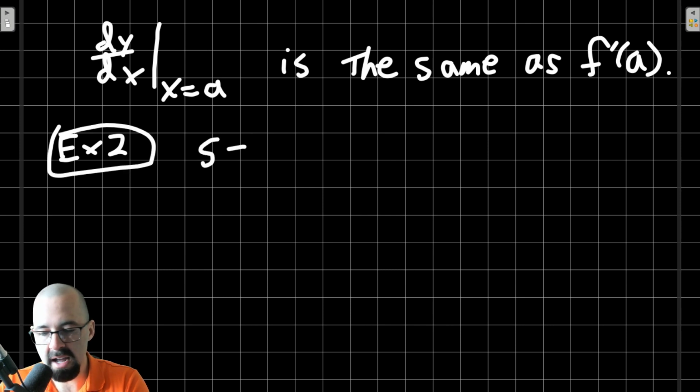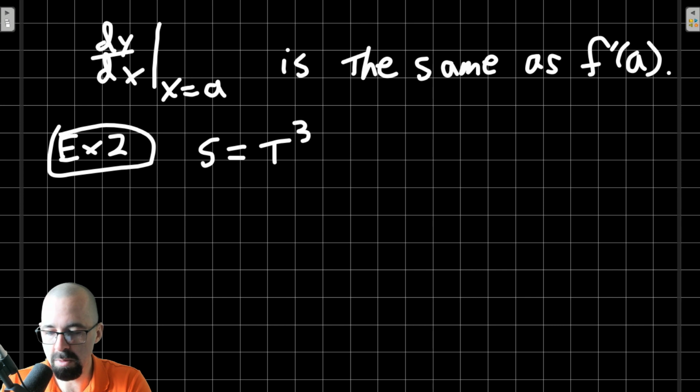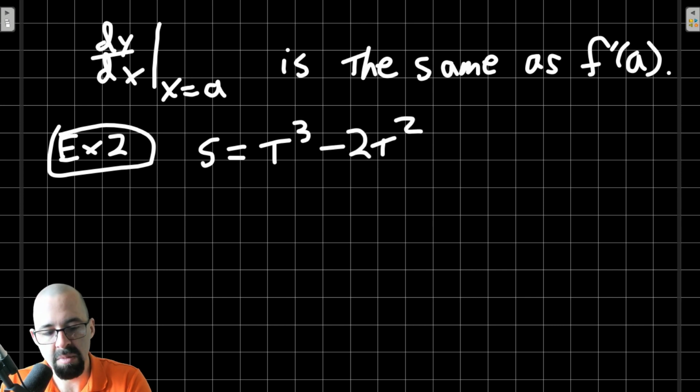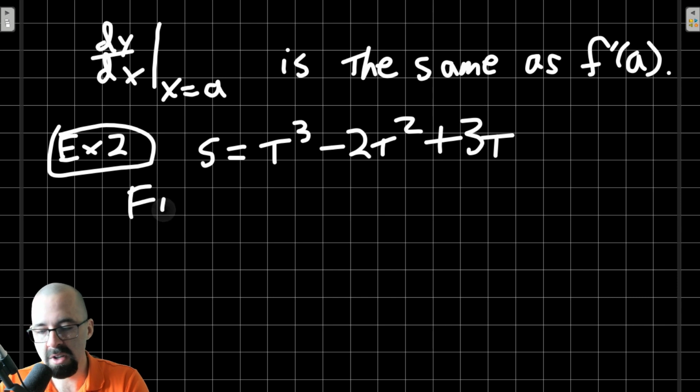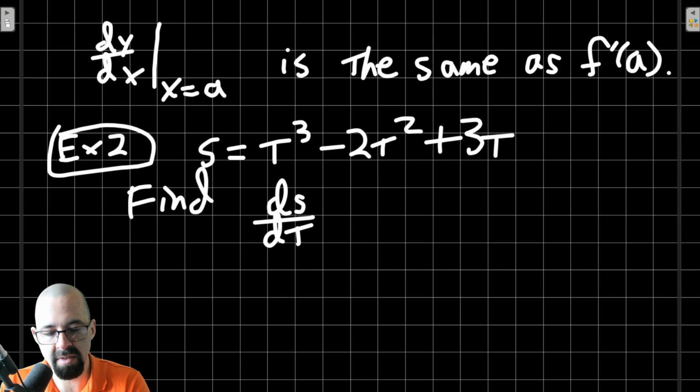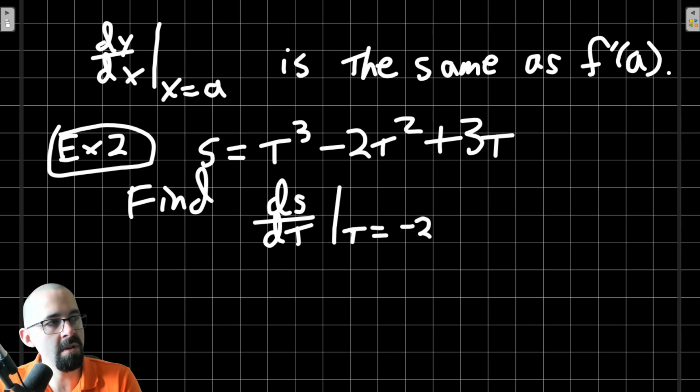And so here, s is going to equal t cubed minus 2t squared plus 3t. And the question is, I want you to find ds dt, so the derivative of s with respect to t, evaluated at t equals negative 2. So we'll just take the derivative like normal and then plug in negative 2 at the end. All right.